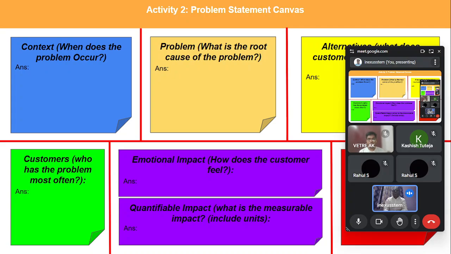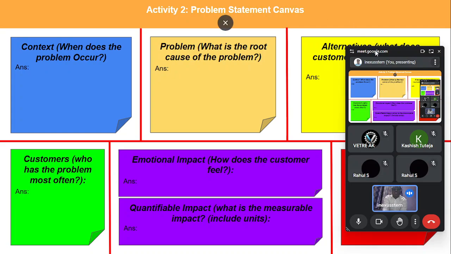Likewise, I suggested you also concentrate on the emotional impact attached to the problem statement, so how does the customer feel about the problem? Likewise, you may answer here. Then quantifiable impact: here, you may tell us measurable impacts including units, area, and other things.